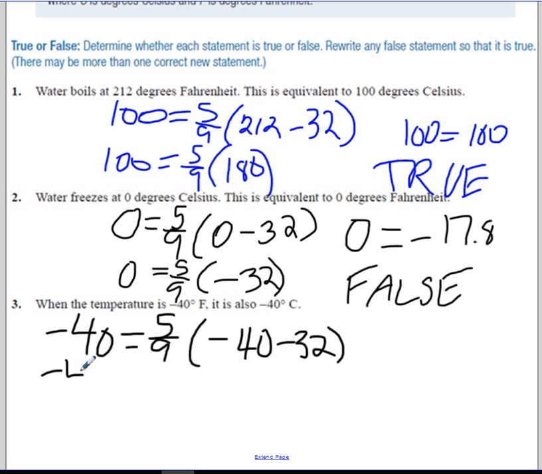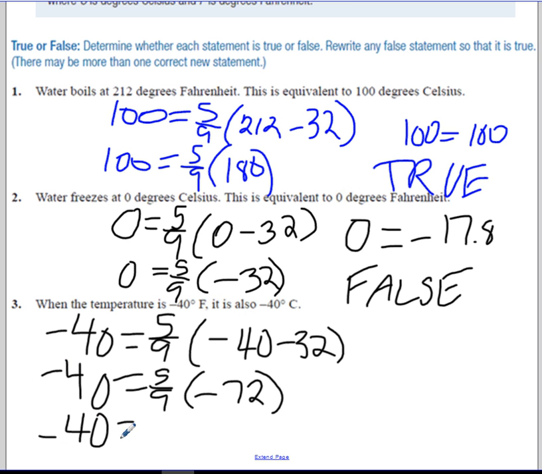So we get negative 40 equals 5/9 times negative 72. And then negative 40 equals, and 5/9 times negative 72 is negative 40. So that one was true. And we're using those formula conversions to check those.